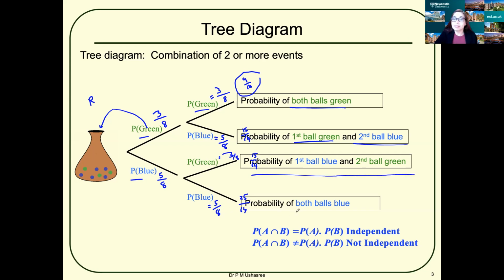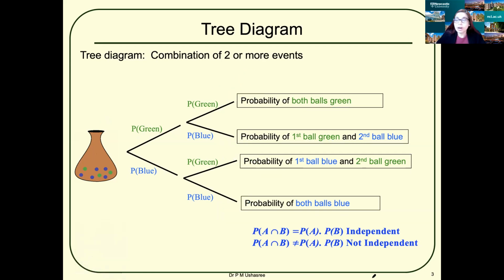The last one is the probability of picking both balls as blue, with the first ball replaced. So that clearly tells you the different possible ways you can pick a ball and the probabilities corresponding to that. This can help you understand whether the two events are independent or not independent.